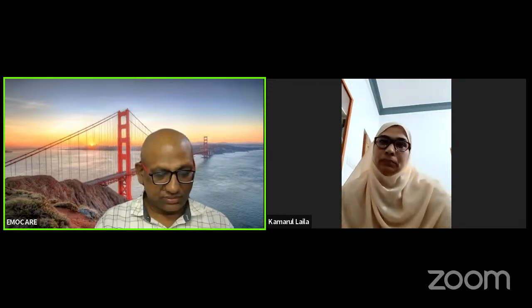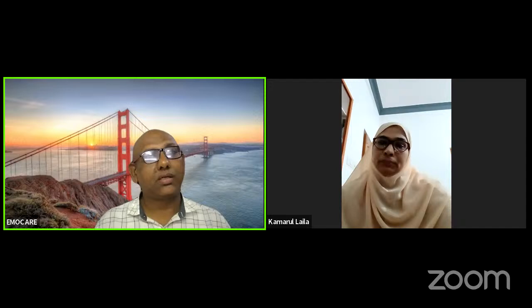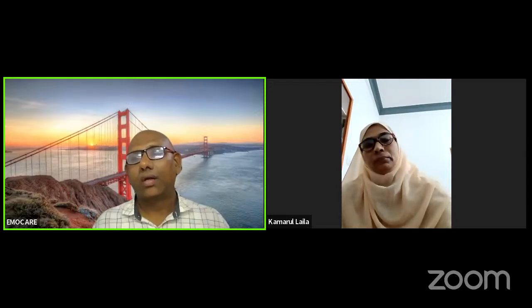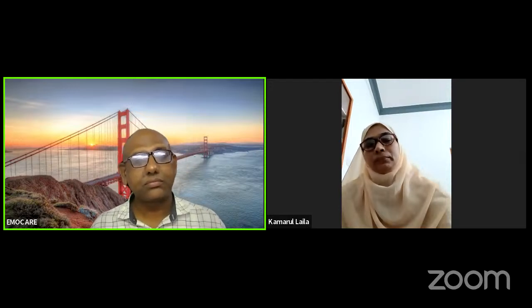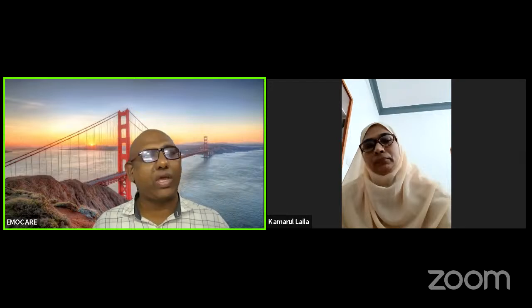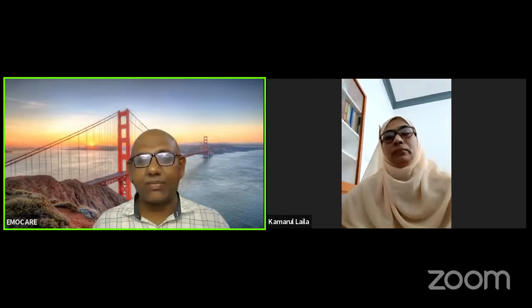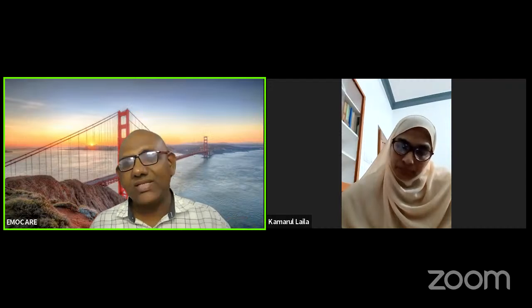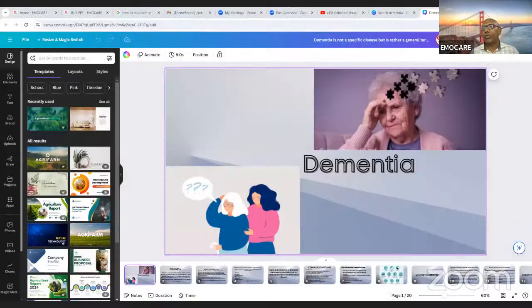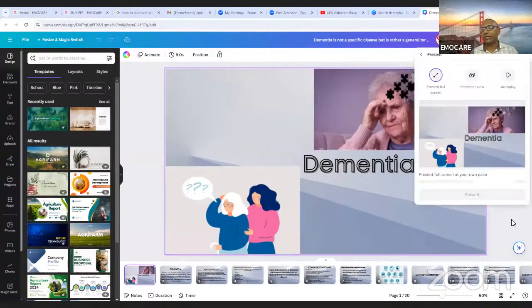Particularly in dementia, we are using two aspects. One is validation therapy, the other one is reminiscence therapy. Two therapies we will be using. Okay. So before going to therapy, we will see some aspects about dementia.